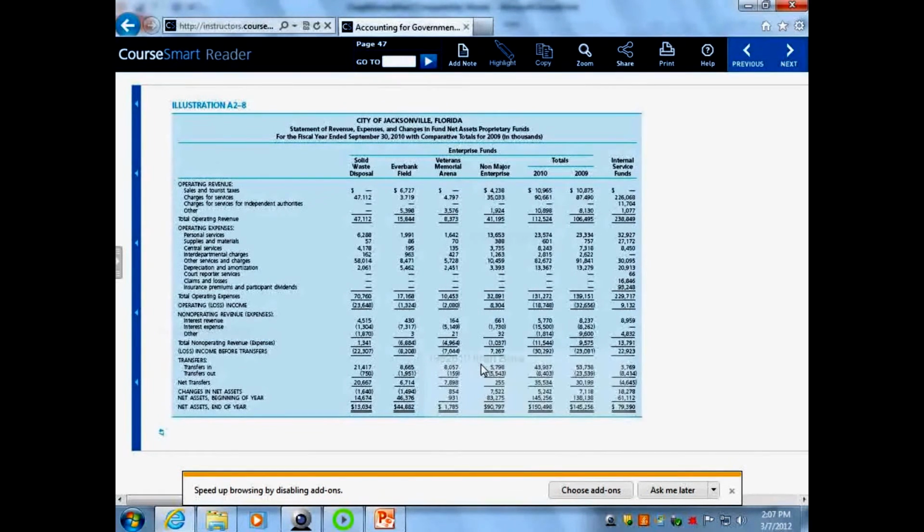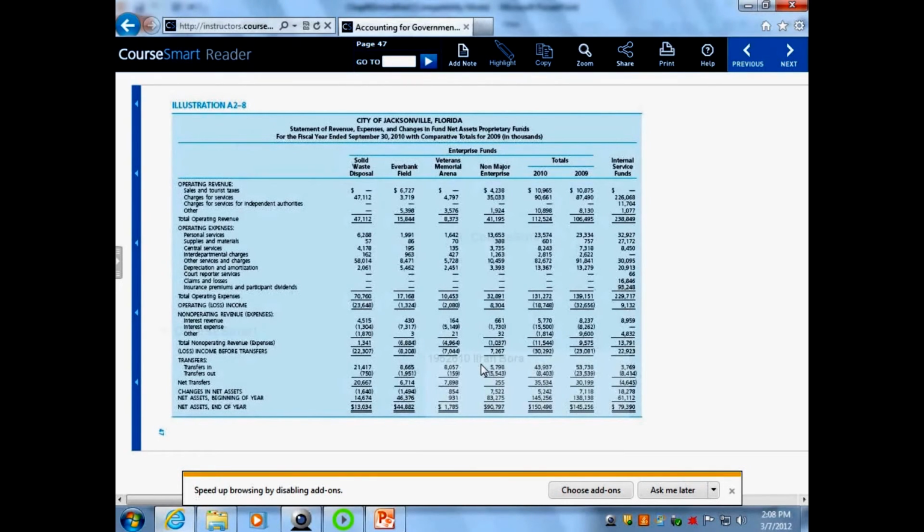First of all, not income statement, statement of revenue, expenses, and changes in fund net assets. The other statement was called what? Statement of revenue and expenditures and changes in fund balance. This one is statement of revenue and expenses. Full accrual basis. Notice other things.